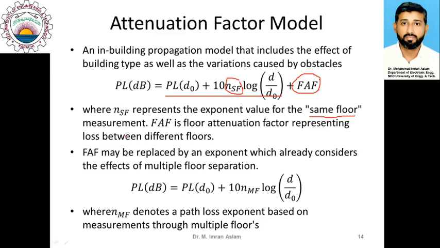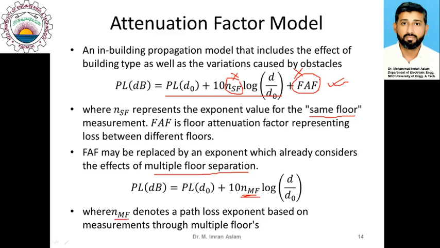And if you need to calculate the path loss when you are at a different floor, you can simply add the floor attenuation factor, which we have discussed previously. So floor attenuation factor represents the loss between different floors. Sometimes we incorporate these two things, that floor attenuation factor and this path loss index for same floor, in a new path loss index, which is the path loss index for multiple floor separation.